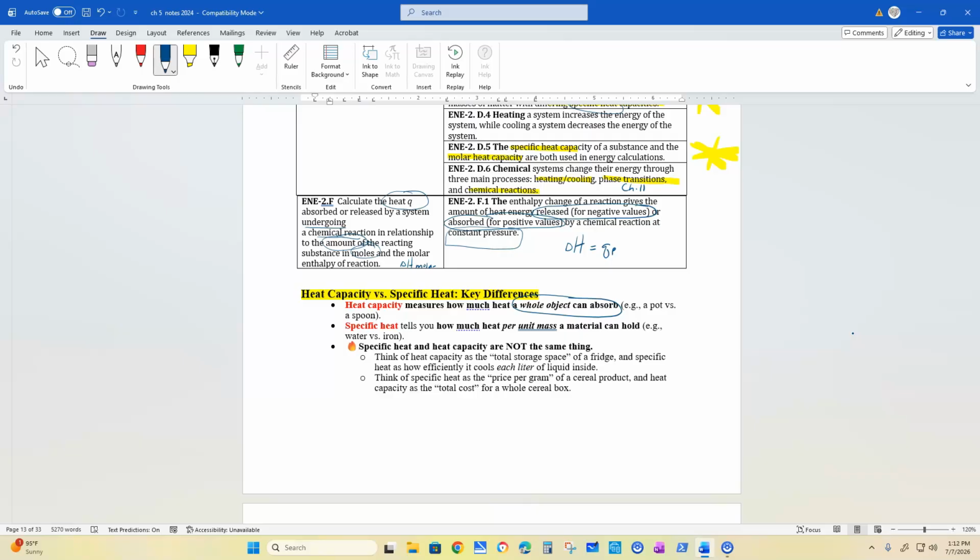Specific heat tells us how much heat per unit of mass a material can hold, as in water versus iron. So this is all about the material and mass. Specific heat is more about the material, water versus iron. So it's completely different.